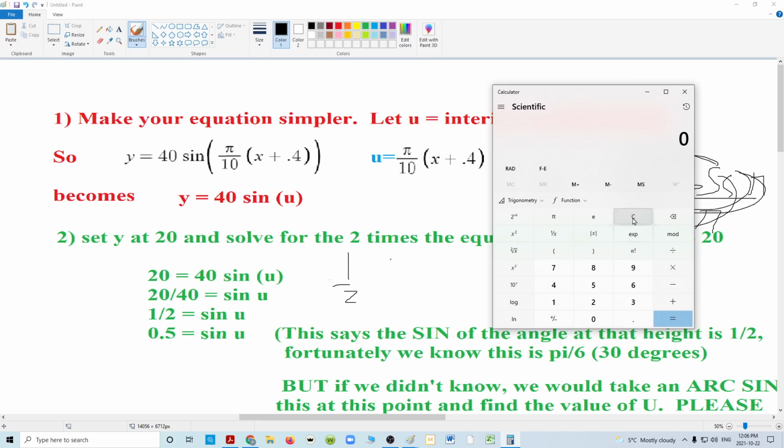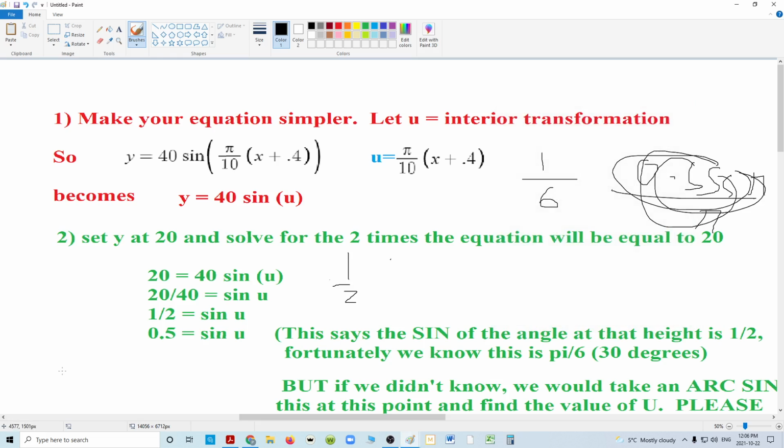Alternatively, you could figure it out as we did: it's 30 degrees, and you can convert 30 degrees to pi's by multiplying by pi and dividing by 180. The zeros cancel, 30 divided by 3 is 10, 180 divided by 3 is 60, and we get 1/6 pi. So it's very important that you get comfortable doing that.